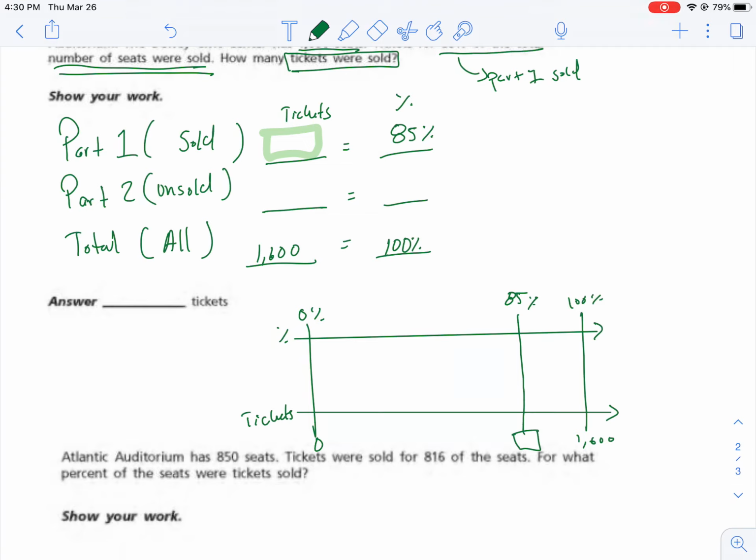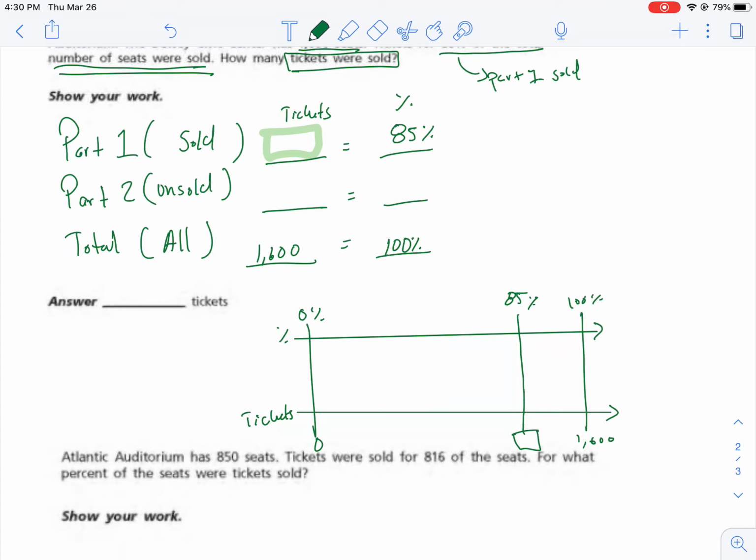Well, can't go from 100 to 85. So we have to figure out what could we scale down to be able to scale back up. All right. So at this point, you should be thinking, all right, what can I scale down to go back up? All right, so I know that multiples of 85 are 5.